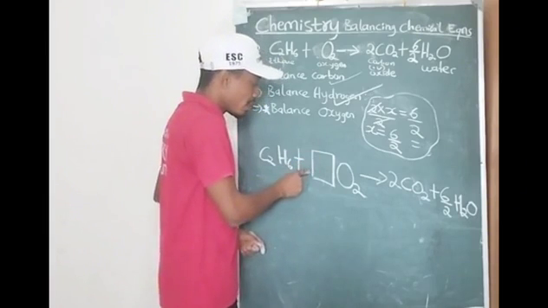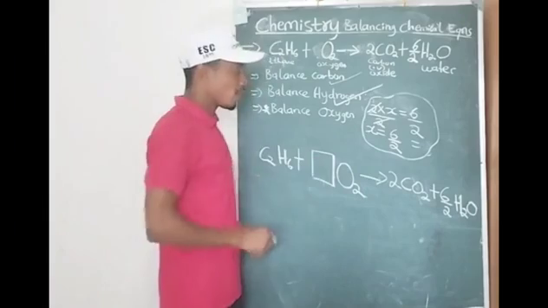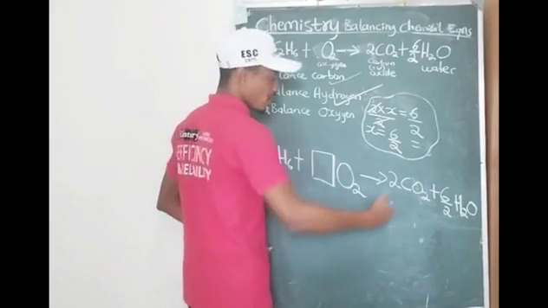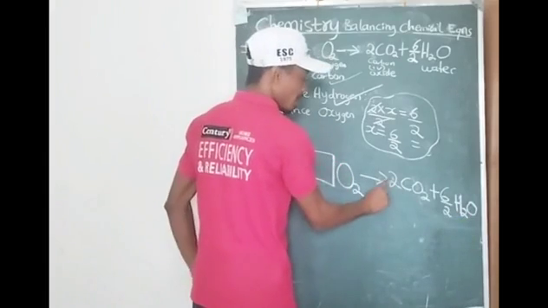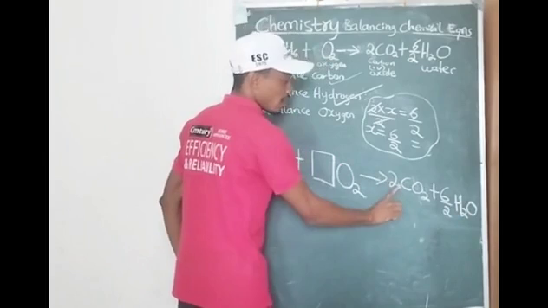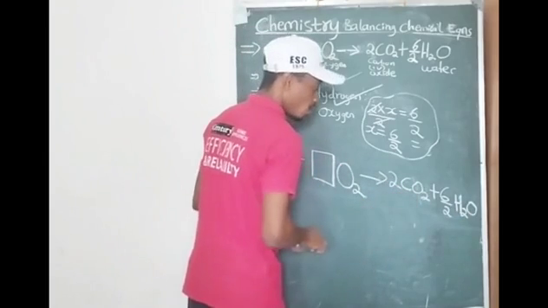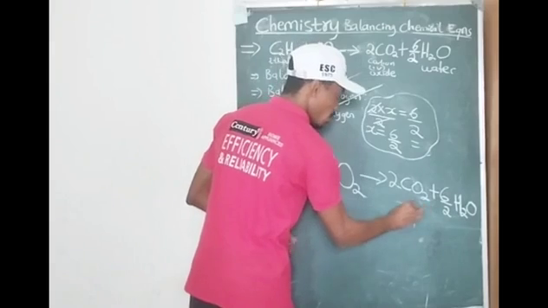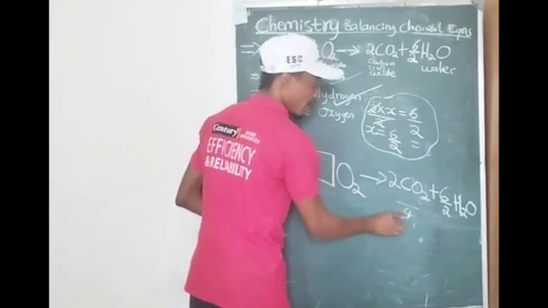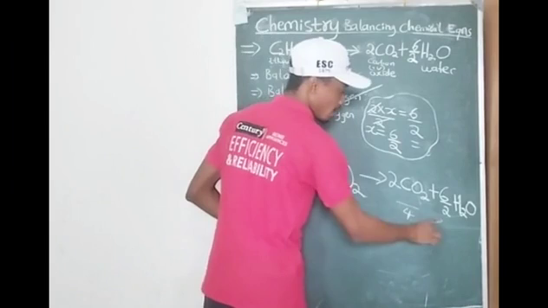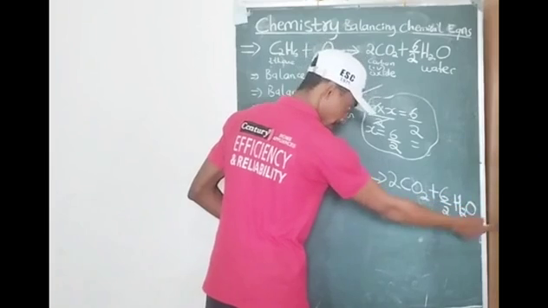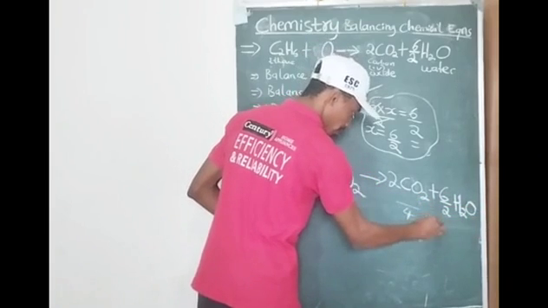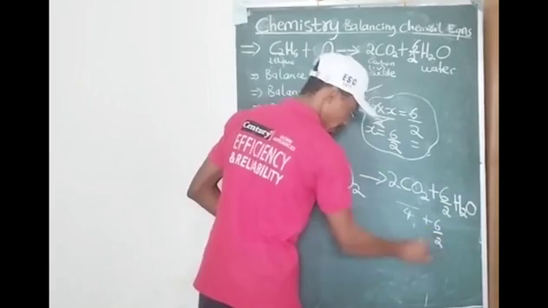Now, what am I going to put here? Check the oxygen on the right hand side. You will see that these two cover carbon and oxygen. For oxygen, 2 times 2 will give me 4, so we have 4 atoms of oxygen on this side. And for oxygen here, we have 6 over 2.